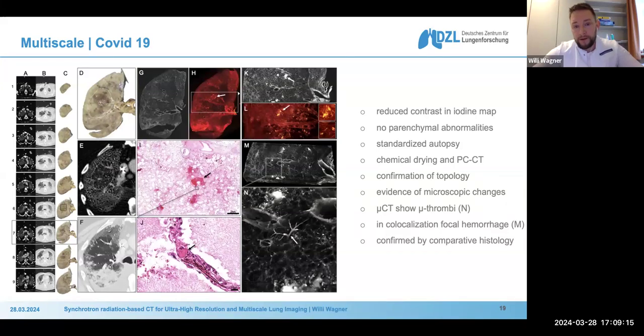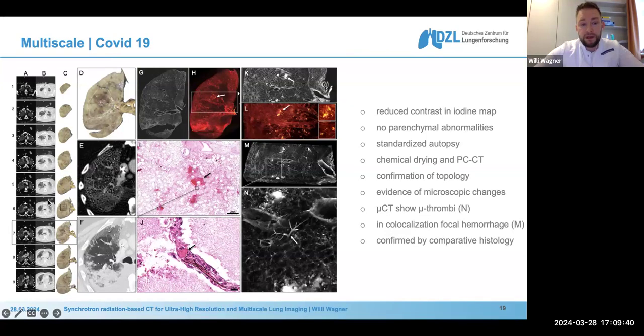And we found that the very small blood vessels in those regions were diseased. Some of them opened up. There was microbleeding that you couldn't see on clinical CT, but on high resolution CT imaging you will find these spots.